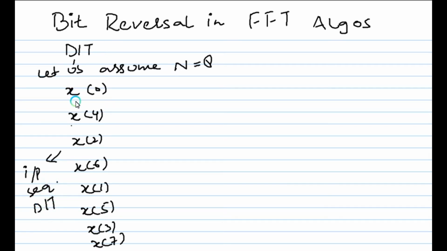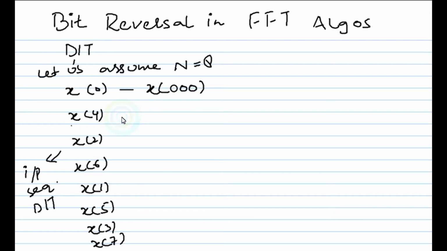Now there are a total of 8 samples from 0 to 7. So I can represent these 8 samples, the index from 0 to 7, as a 3-bit binary pattern. So I can represent x of 0 as x of 0 0 0.